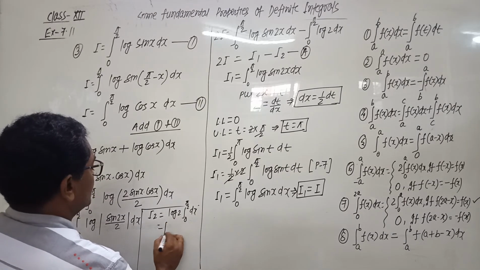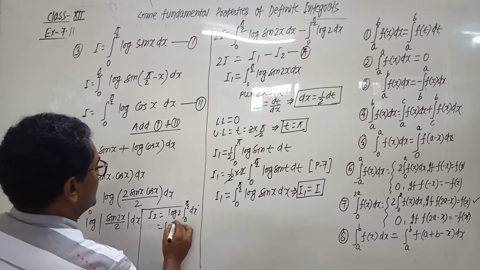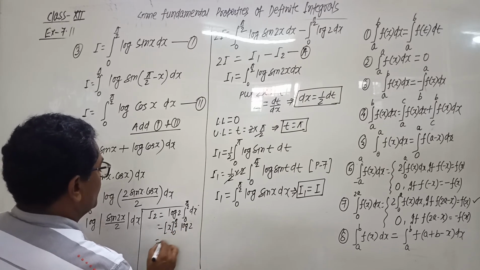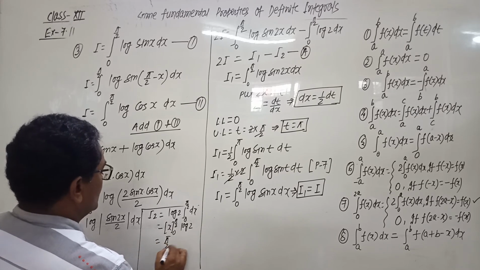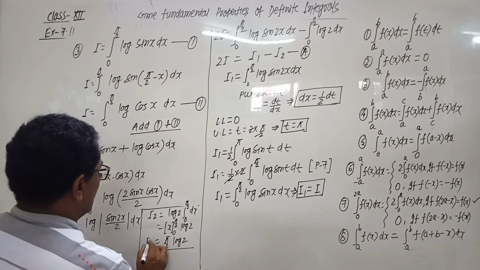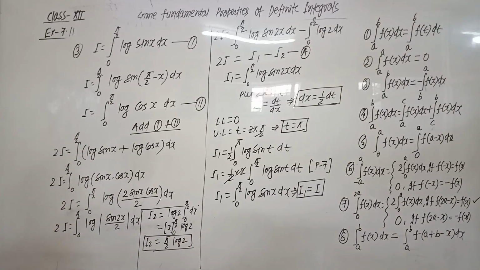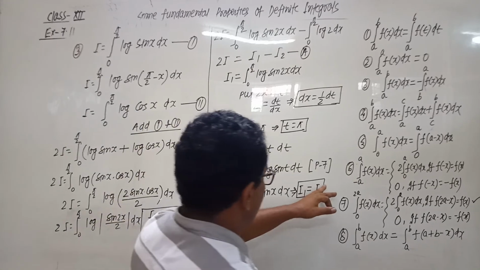So we write x with limits 0 to pi by 2, times log 2. Then we put the limits, so we get pi by 2 log 2. This is the value of I2. I2 equals pi by 2 log 2, and the value of I1 is I.